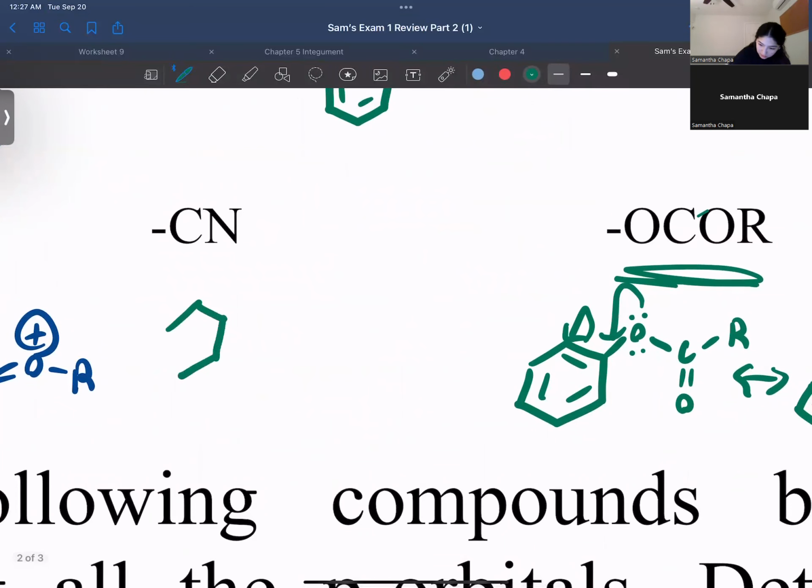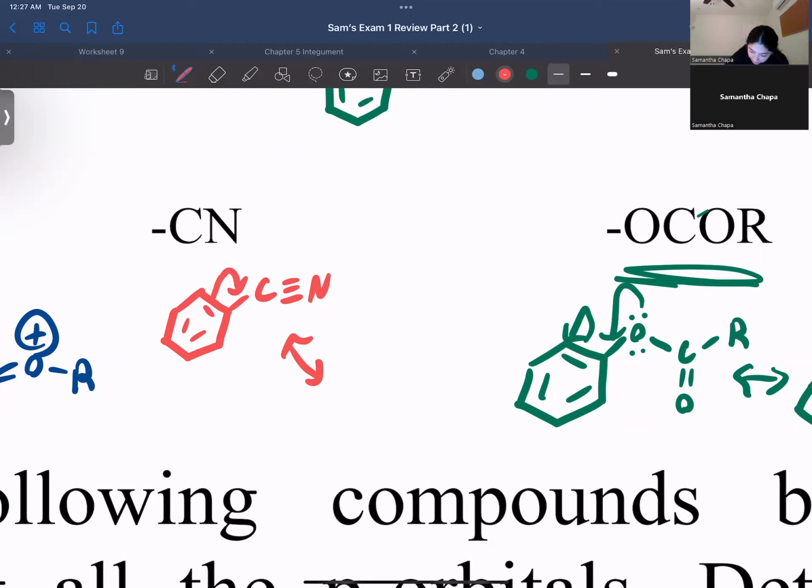Carbon nitrogen double bond. I'm gonna draw my resonance form. We have no available lone pair right next to the benzene ring. So I'm gonna break this bond, put it right here. We can't have 5 bonds to my carbon after I resonate, so I'm gonna break this bond and put it right here. So my resonance form should look like this now.